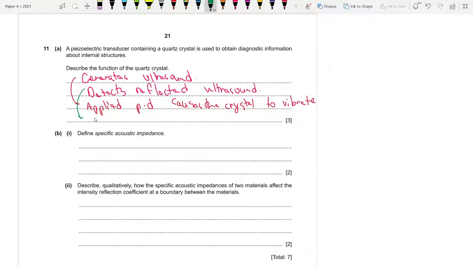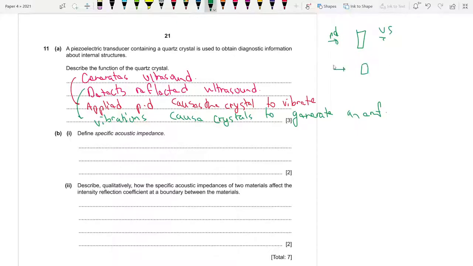Basically, the ultrasound that comes back and hits the crystal causes vibrations, right? Vibrations cause the crystal to generate an EMF. So do you get why it's called a transducer? It works both ways. This is the crystal. If you apply PD, it will create ultrasound. Also, if you give ultrasound, the vibrations will create a PD. Do you get it? So any one of these, this for 1 mark, this is 1 mark, this is 1 mark.